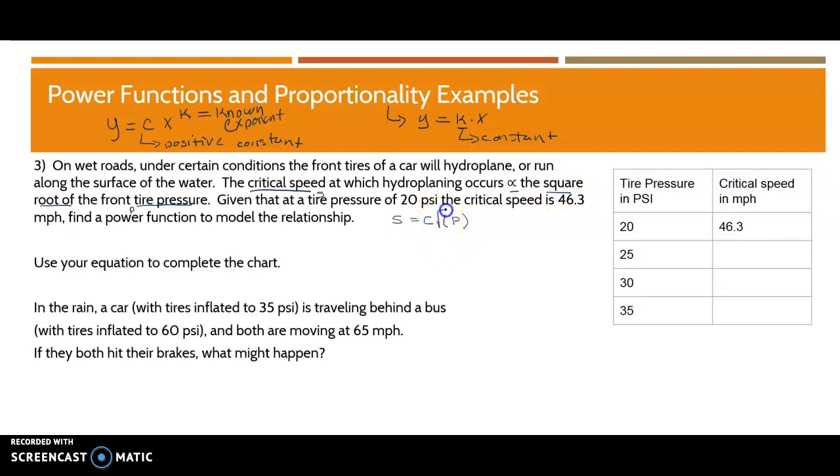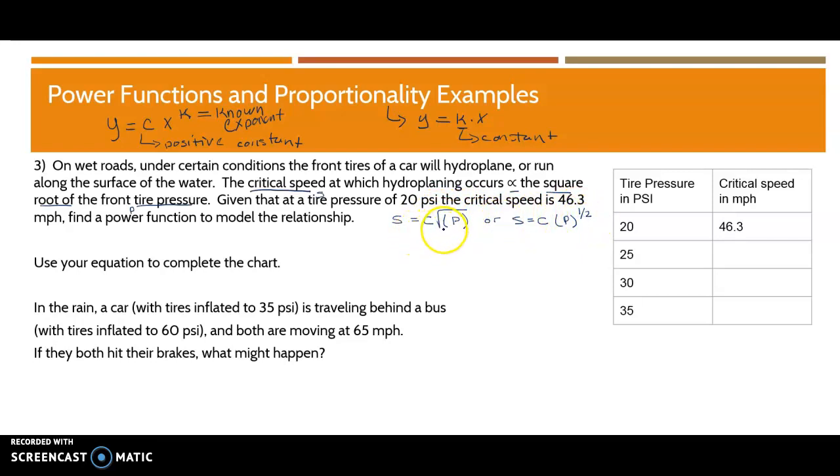I can do the square root of the pressure, or because square root is an exponent of 0.5 or 1/2, we could also write this equation as pressure to the 1/2 power. So either one works exactly the same way on the calculator.